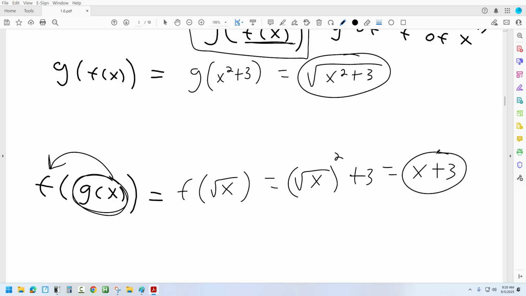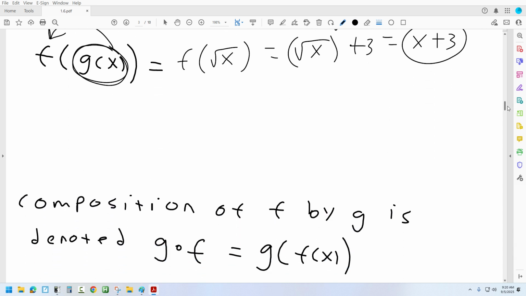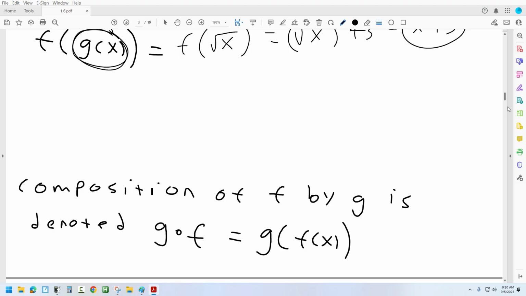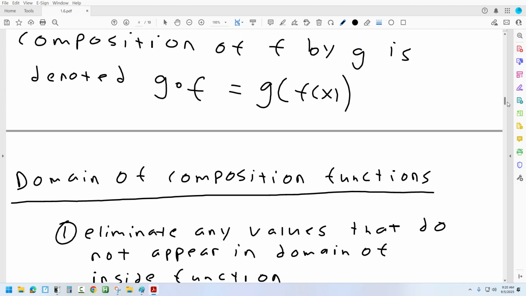So we're going to do a few more of those, but we want to get into also finding the domain. It's not too tricky if you follow the rule I'm going to give you, but I do need to explain how to do it.